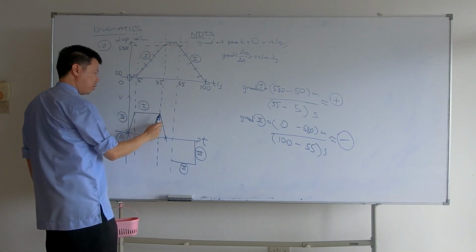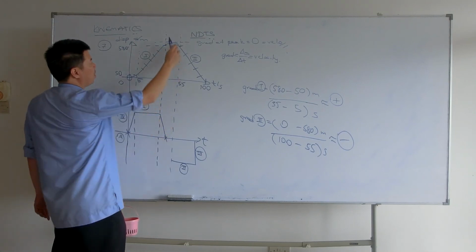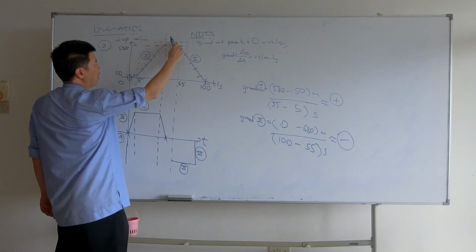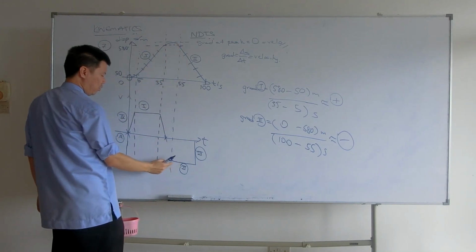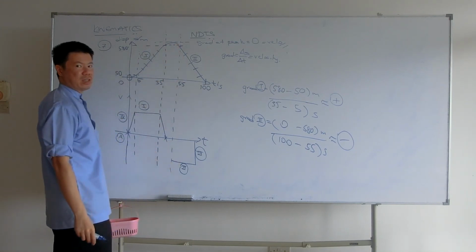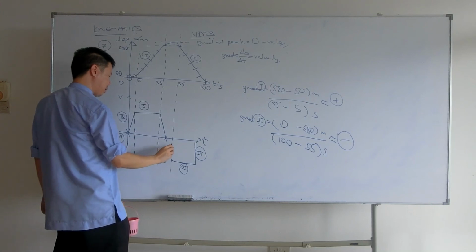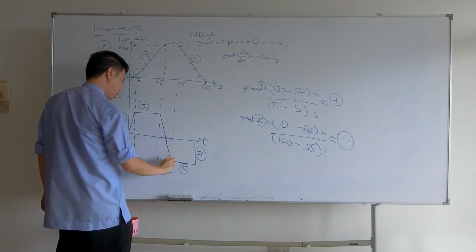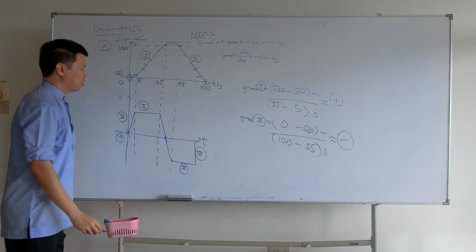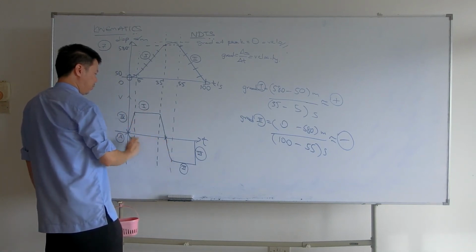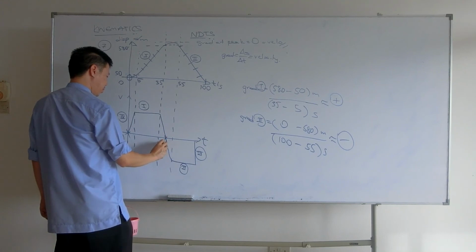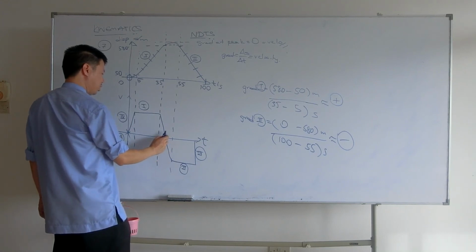Over here, it's slowly increasing from 0 to negative velocity, which means you're moving in the opposite direction. So from here, you connect a straight line. Okay, so 1, 2, 3, 4, 5 for this middle point here.